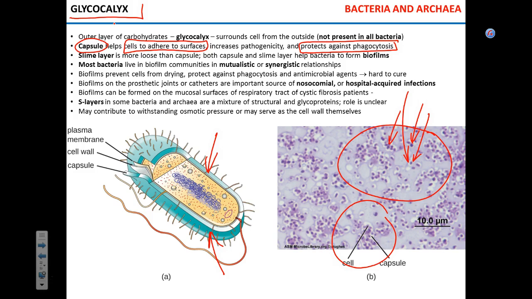You can imagine that both increased adhesion and protection against phagocytosis will increase the ability of bacteria to cause disease. I want to let it sink in. Do you understand what I'm saying? So, capsule will make bacteria more virulent, more potent in terms of the disease.